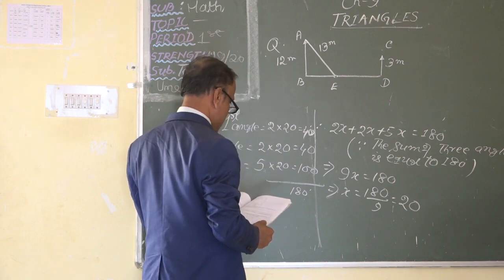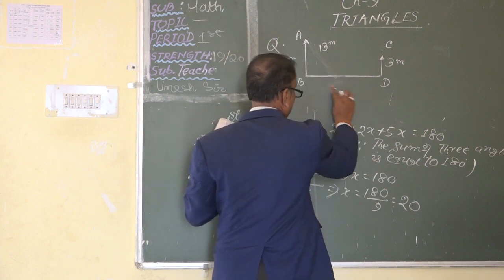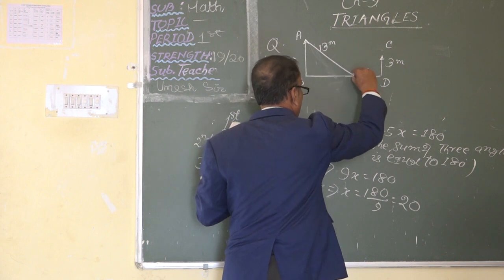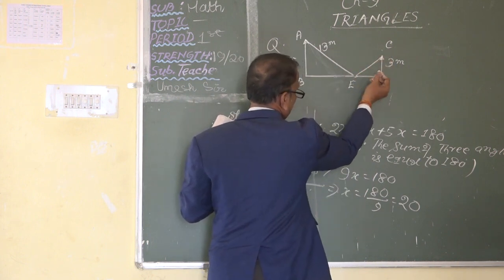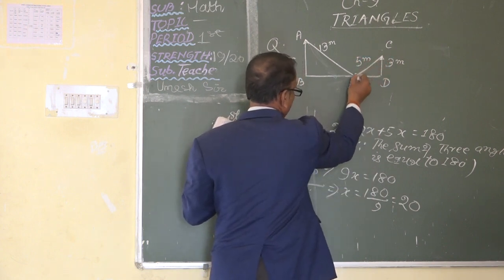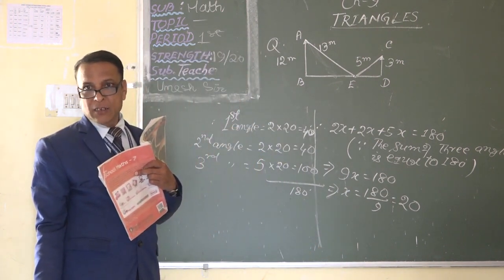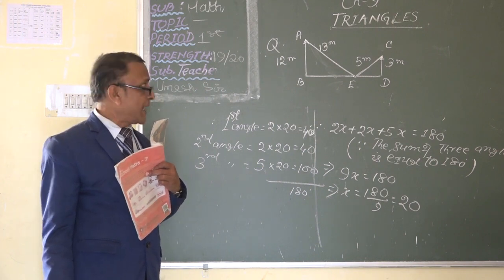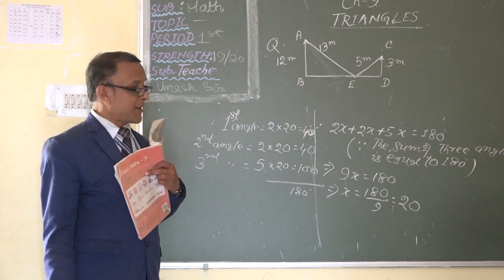And the point is here, a little bit here. This is your 13 meter and this one is your 5 meter. There is a point inside this road, and A is given 13 meter, C is given 5 meter.